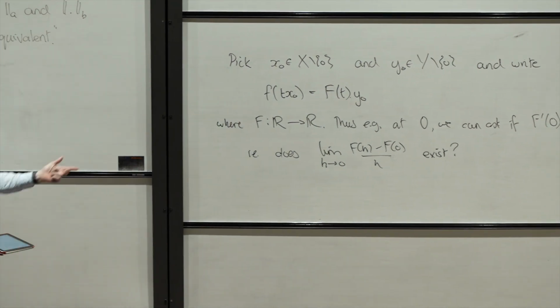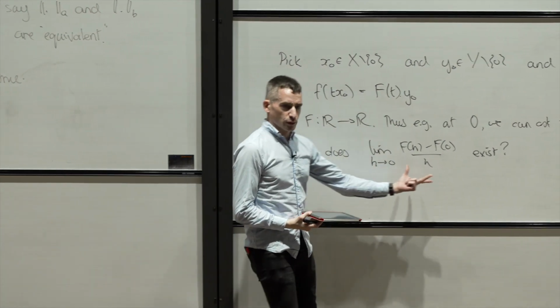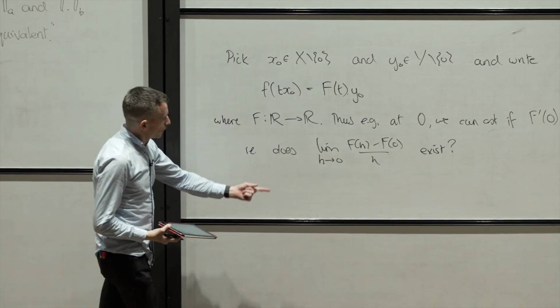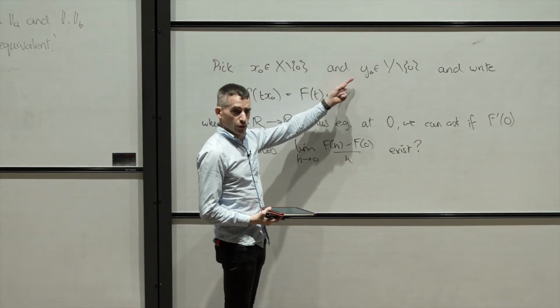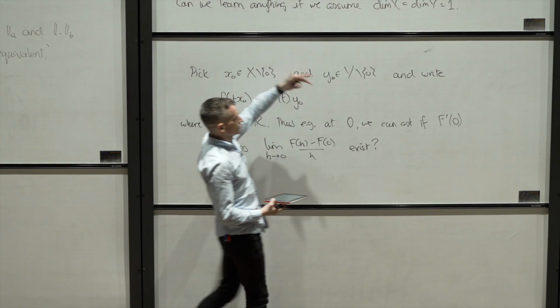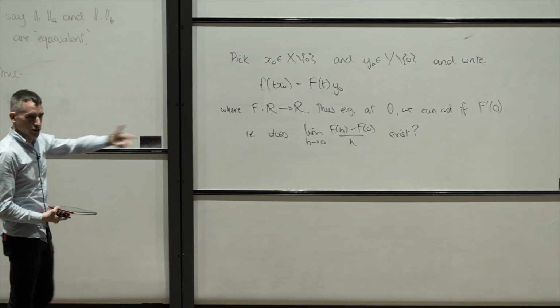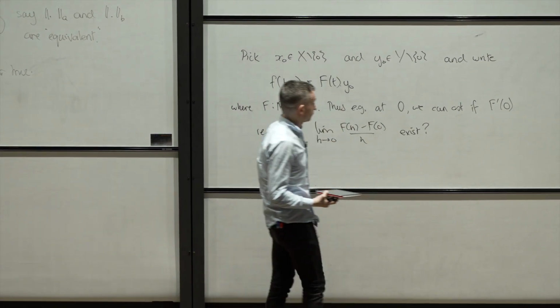Okay, and if it does, then we could go, well, maybe that's what we want to call the derivative. The only issue is that we have chosen coordinates, so if we want an answer that really is just intrinsic to the normed vector space, we should check that it doesn't matter what coordinates we pick, right?